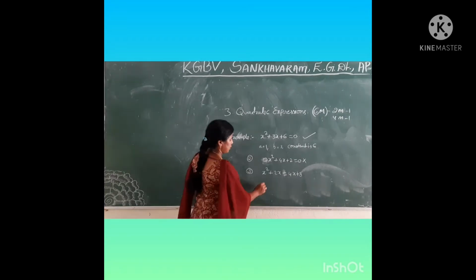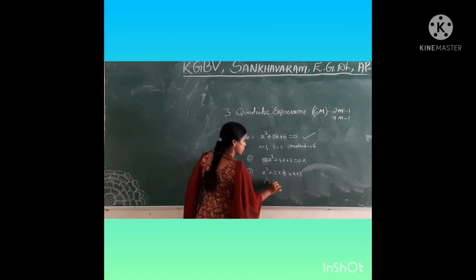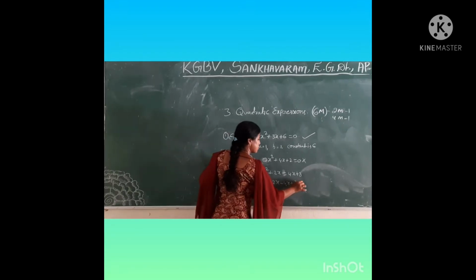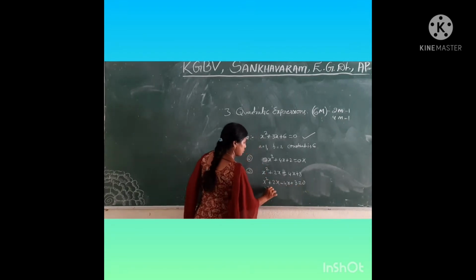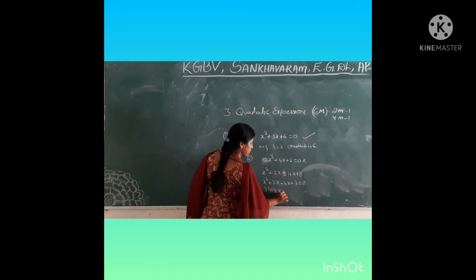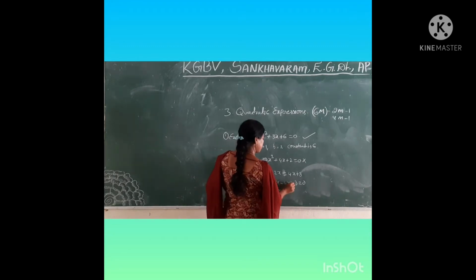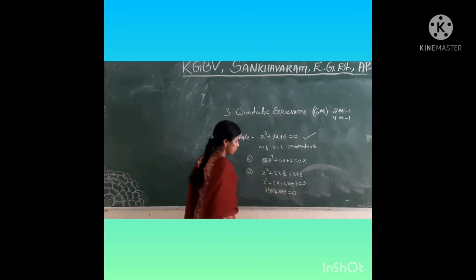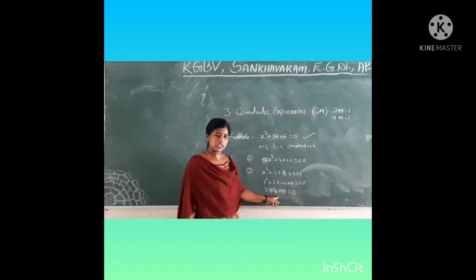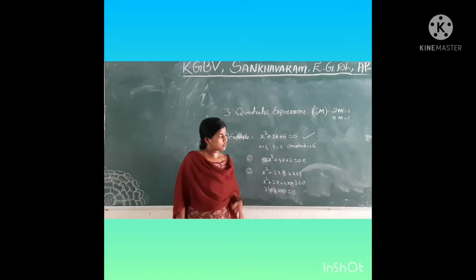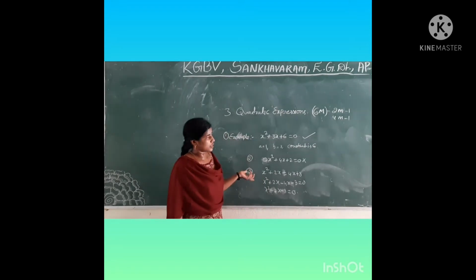Check it. x square plus 2x minus 4x minus 3 is equal to 0, that is x square minus 2x minus 3 is equal to 0. This is also a quadratic equation. Okay, understand?